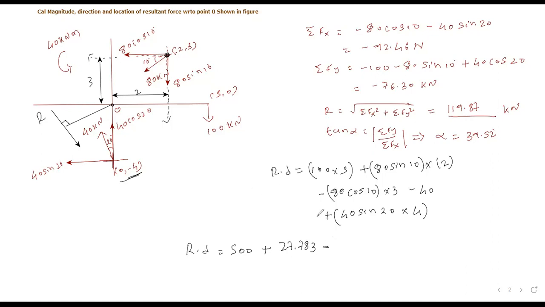Minus 236.353. Minus 236.353 minus 40. Please give me value of 40 sin 20 into 4.